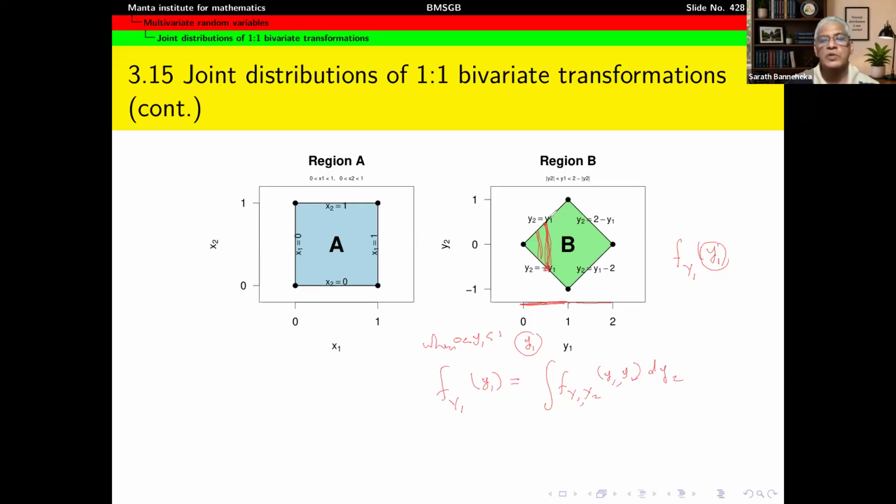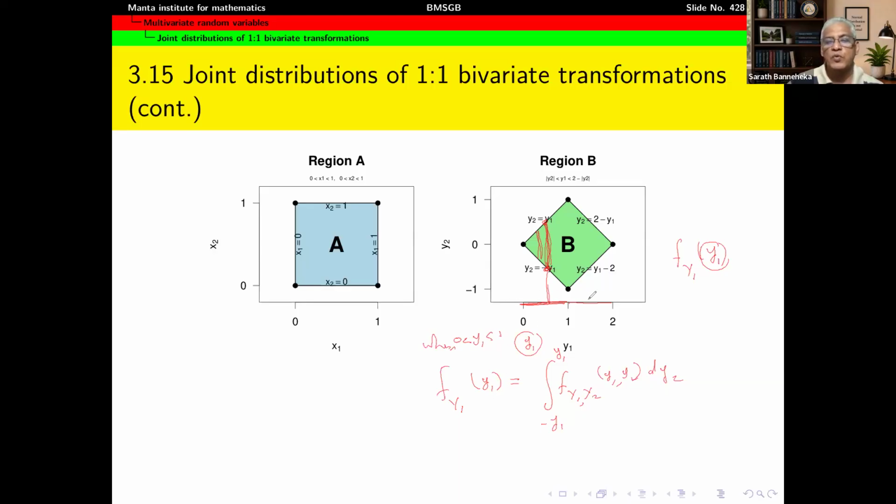From this point to this point. So what is the value of y2 at this point? That is going to be negative y1. And what is the value of y2 at this point? That is y1.